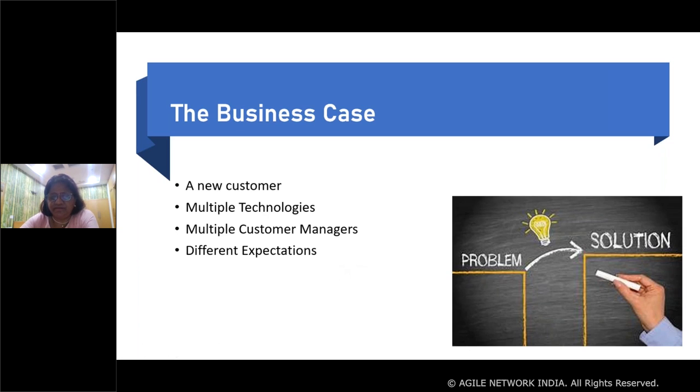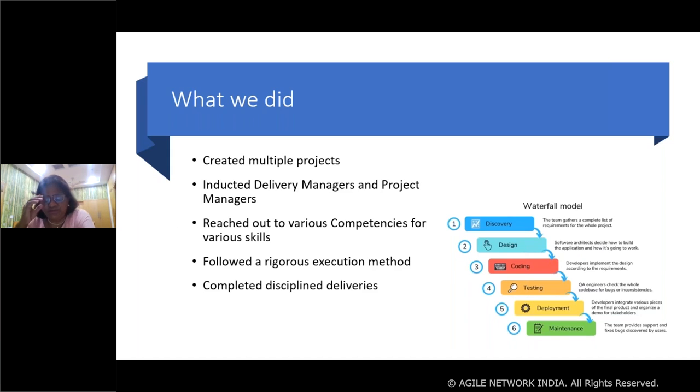So we did the usual things. For each of the customer contacts and each of their projects, we created a project. We introduced several business managers and project managers and assigned them to each of the projects. Then we had to recruit the team.